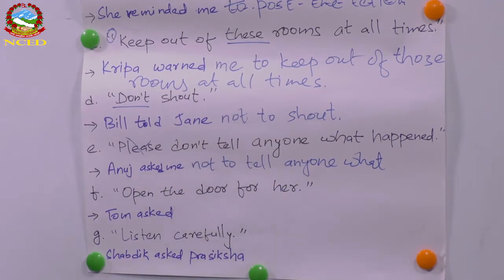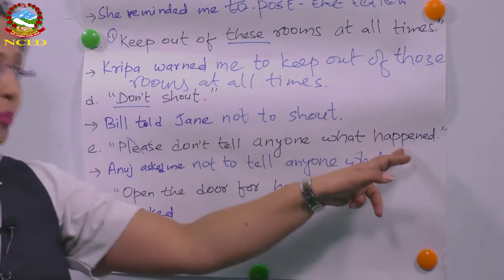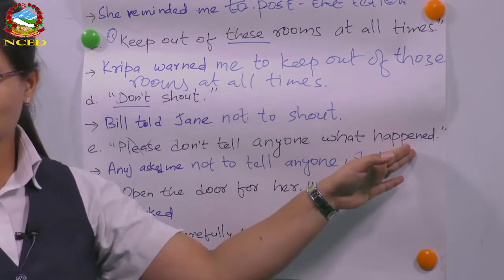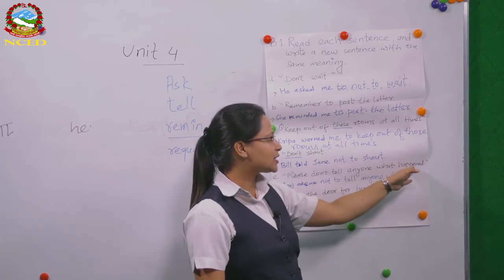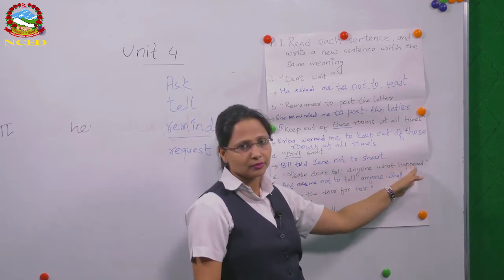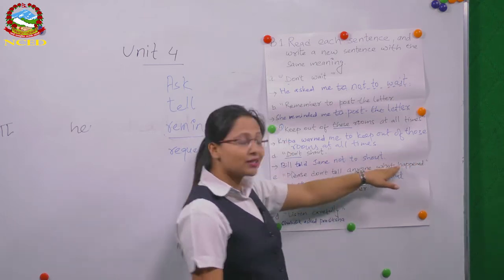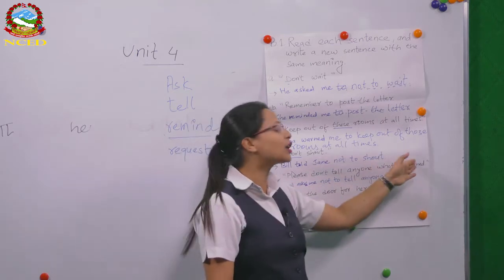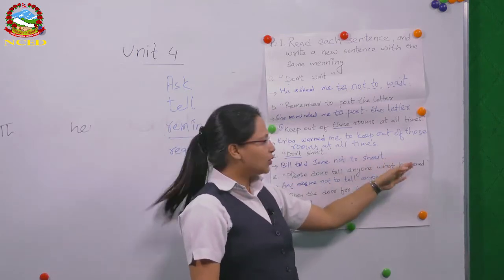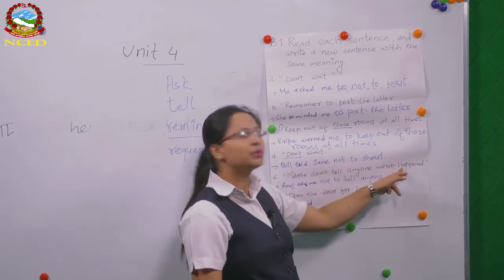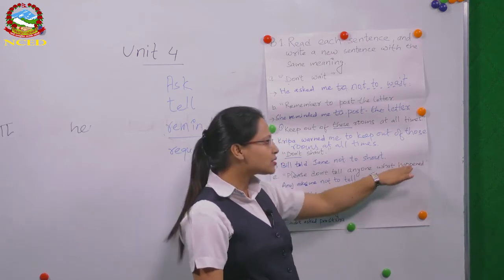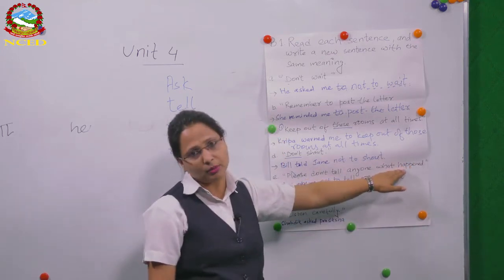Now here, what happened is a clause and it is in simple past tense. So in such cases, if there is an additional clause in the command, we need to change the tense of the clause. This is not very usual in case of commands.